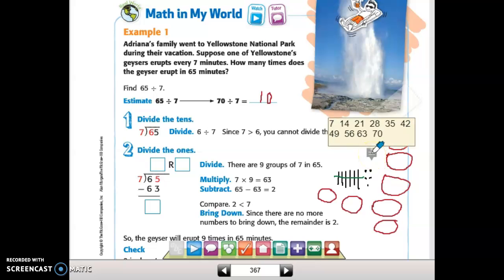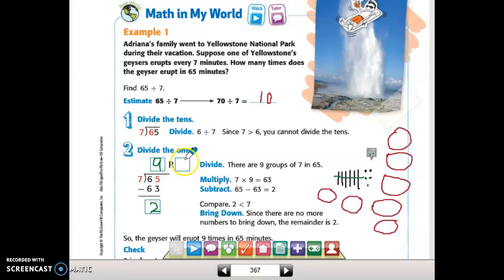And looking again, I see 63. 63 is the closest without going over to 65. And that is 9 times. So 7 times 9 is 63. 65 minus 63 is 2.